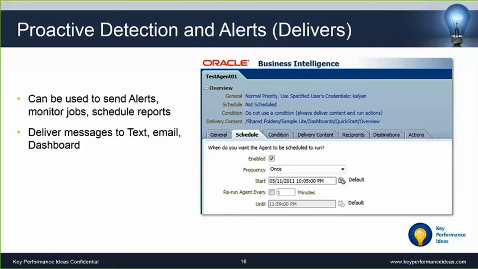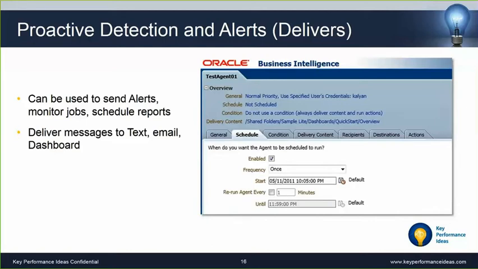OBIEE also has another piece of functionality that's considered to be very powerful, and that's the proactive detection and alerts. It's a monitoring tool built inside of OBIEE. They call it Delivers. In its basic form, it can be used to deliver reports to a user or multiple users.